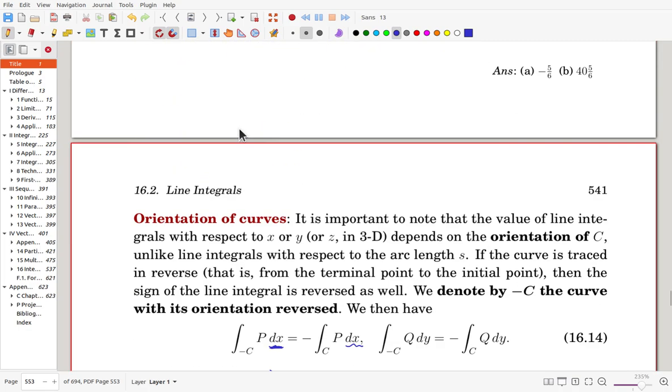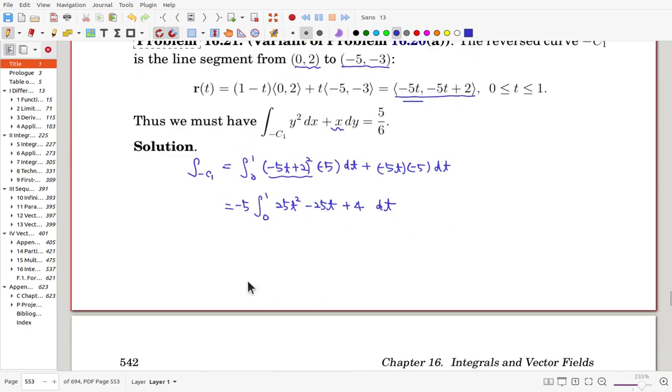Now, this integral is exactly the same, except here we have negation, right? So eventually we have to get the negative of the earlier solution, 5/6.